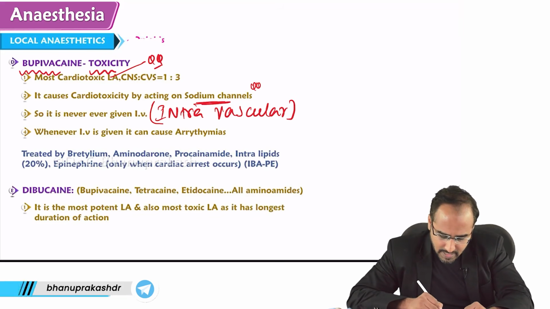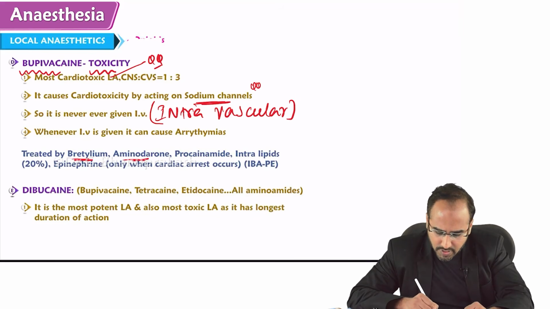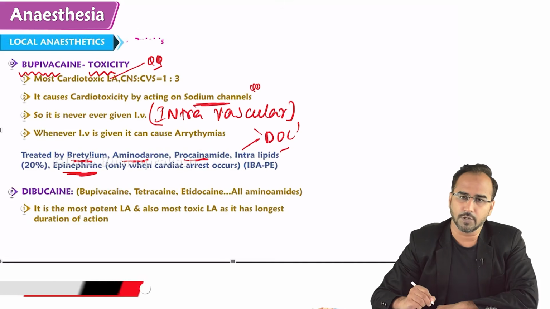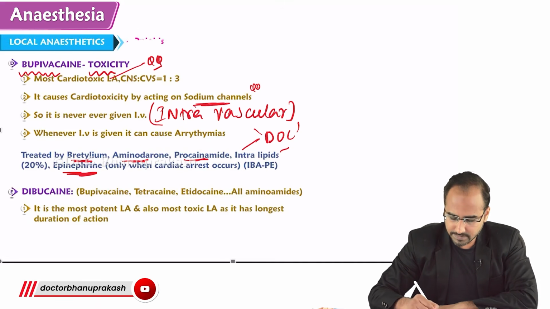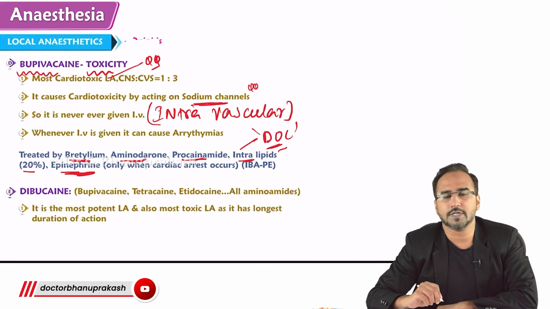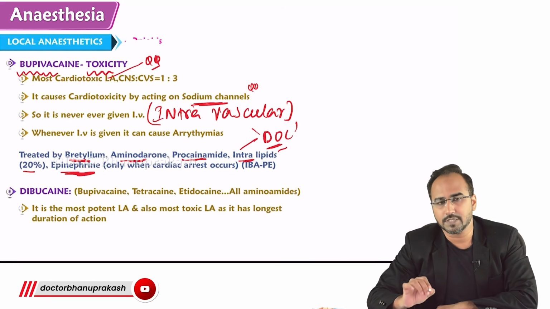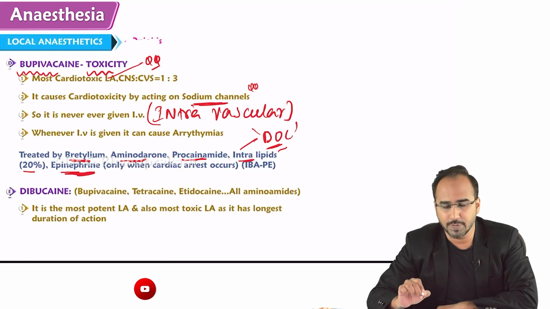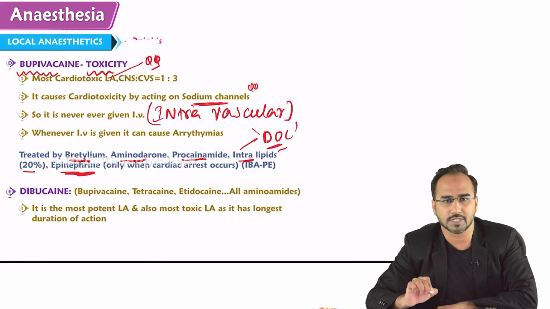What are the drugs, guys? Bretylium, amiodarone, procainamide, all are antiarrhythmic drugs. The drug of choice for bupivacaine induced cardiotoxicity is 20% intralipid solution. It is the main management of bupivacaine induced cardiotoxicity.